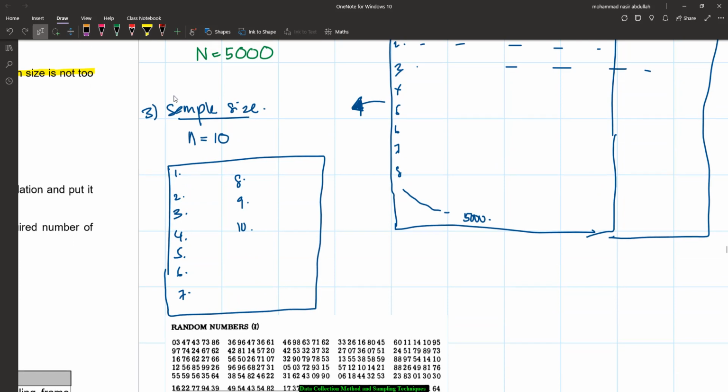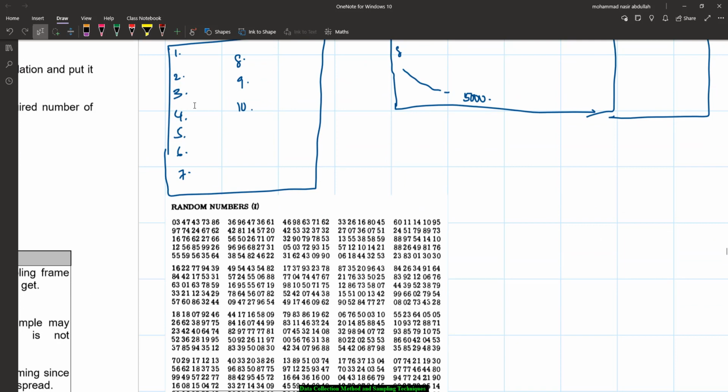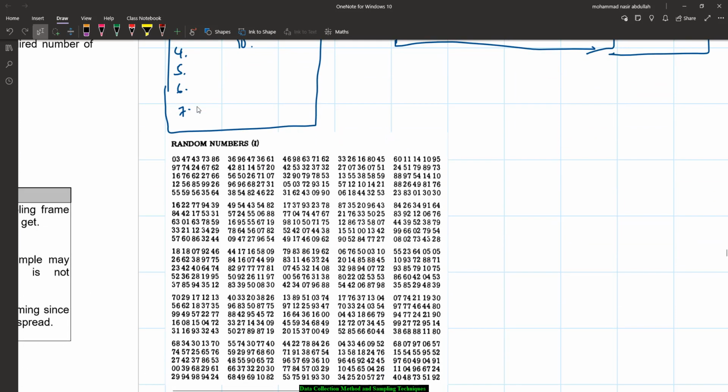You can see here we have a total population of 5000, so we have 4-digit numbers. In the random number table, there are several blocks: block number 1, 2, 3, 4, 5.